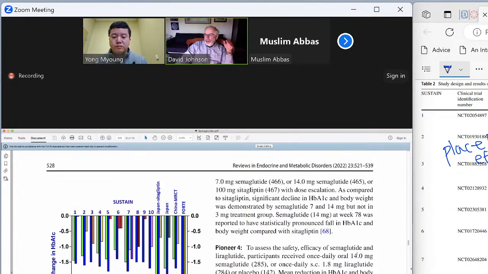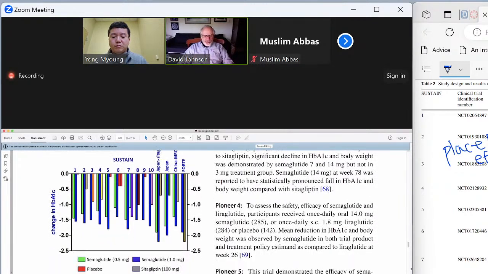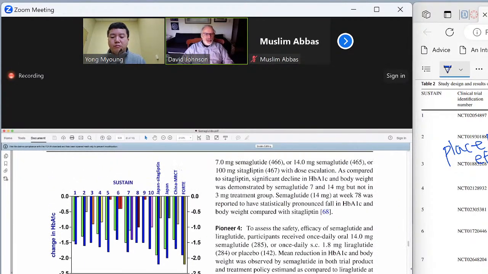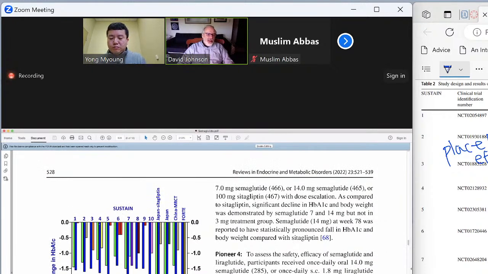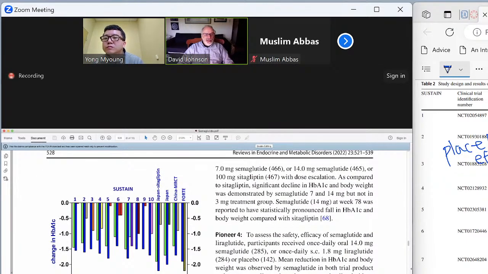But that seems to go away over time. Here's just a figure showing the change in A1C with each one of these test drugs.